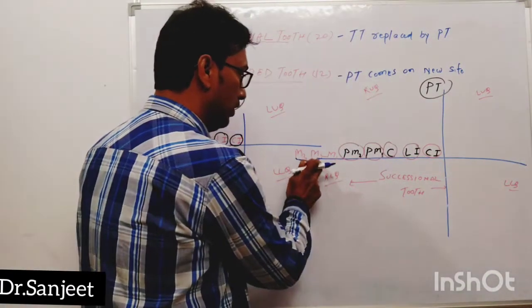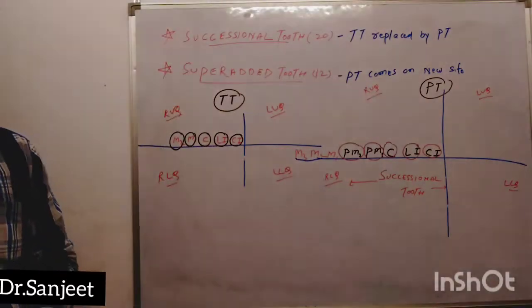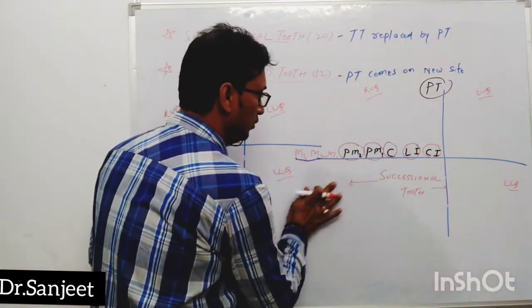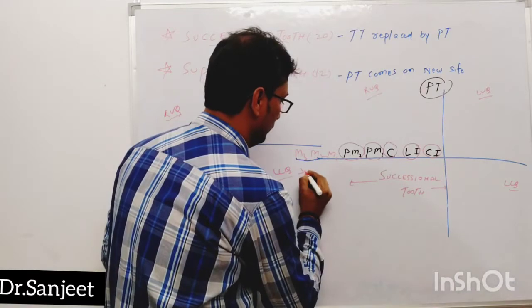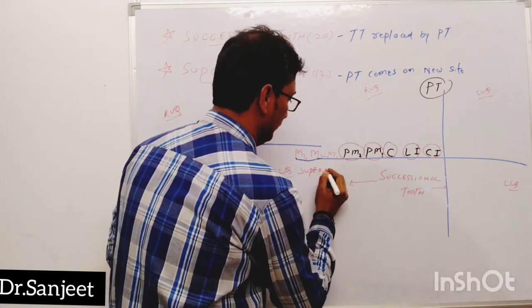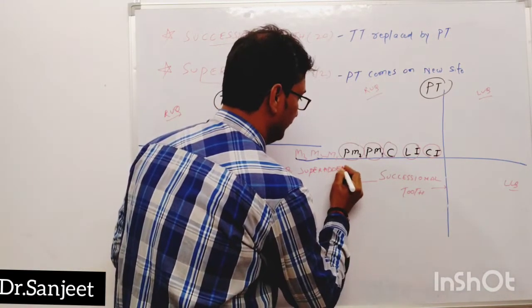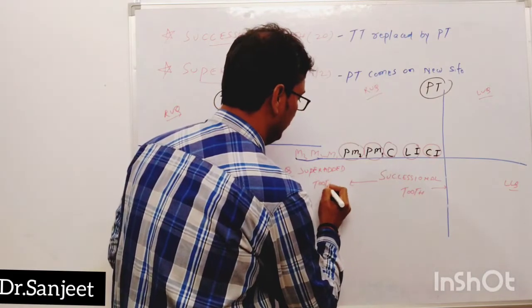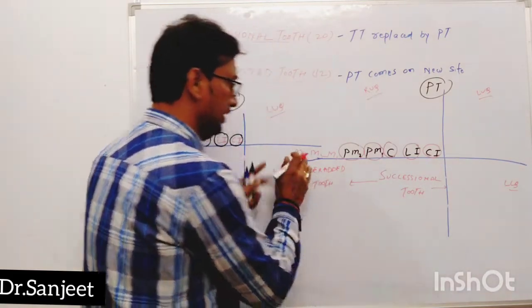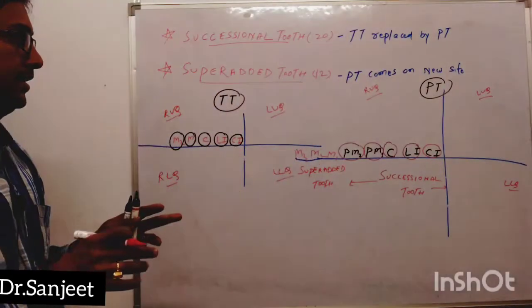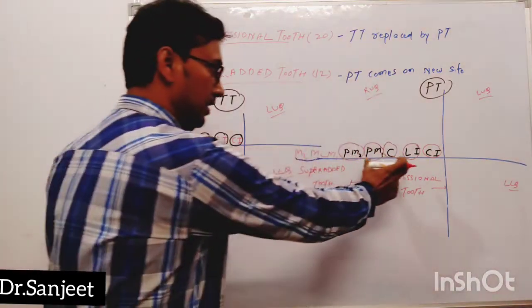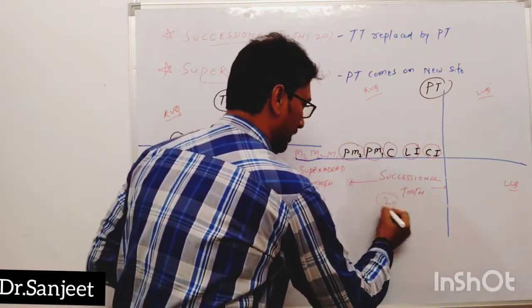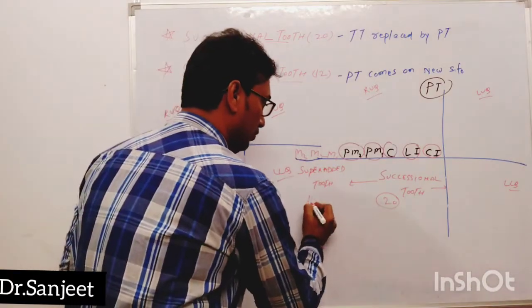So molar 1, molar 2, molar 3 are called superadded teeth. Superadded means it comes at a different site or new site. So this is the successional tooth, 20 in number, and this is the superadded tooth, 12 in number.